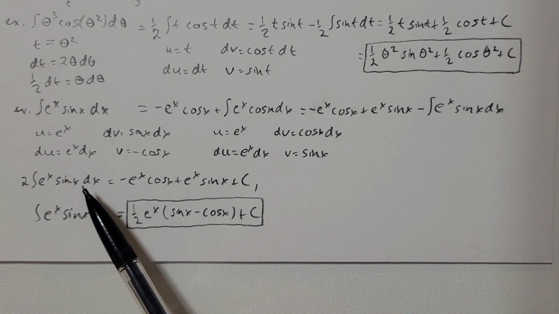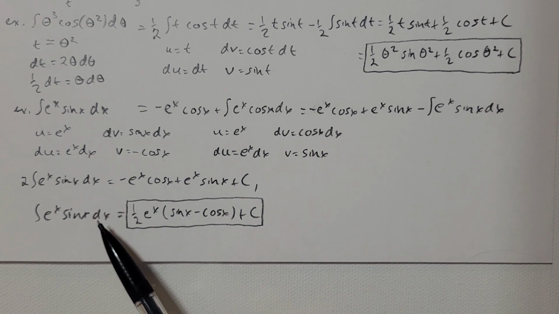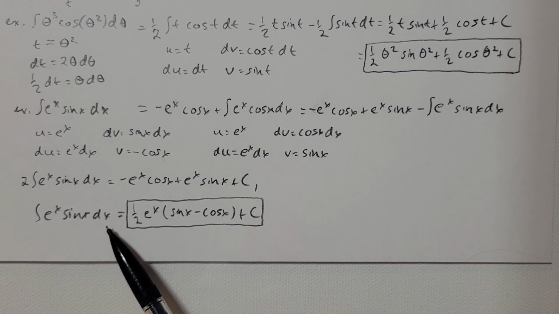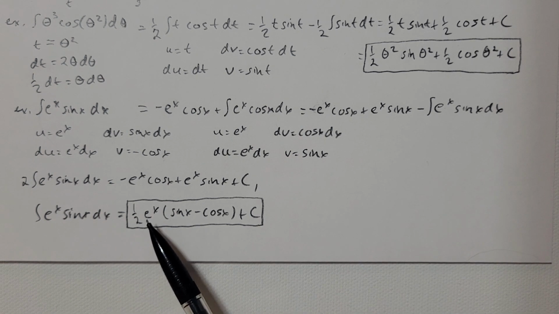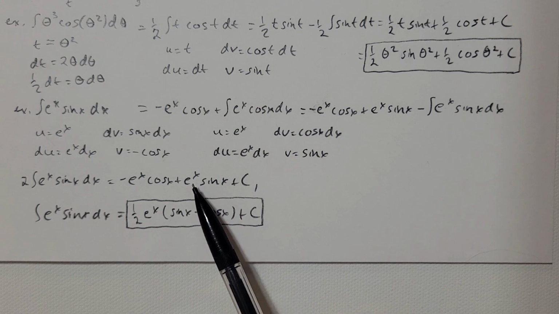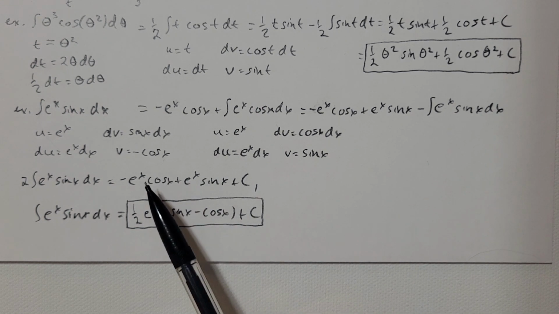But of course, the last thing to do would be to divide both sides by 2. That way we'll have the value of this integral. So the integral for e to the x sine x dx is going to be 1/2 times e to the x. I flipped these two terms and factored out an e to the x.